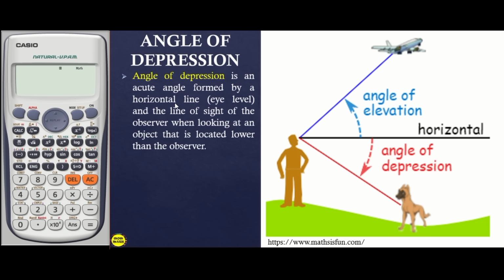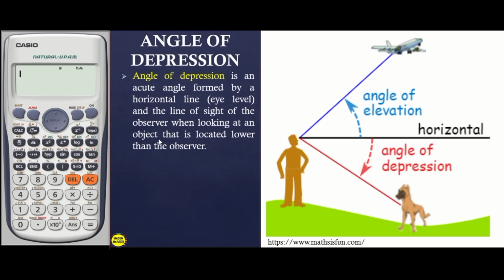So, an angle of depression is an acute angle formed by a horizontal line, which is the eye level, and the line of sight of the observer. So, yung line of sight po na tinatawag natin is yung line na kung saan yun yung object, direction ng object na tinitingnan natin. So, ito yung line of sight. Ito naman sa angle of depression, ito yung line of sight natin. Okay?